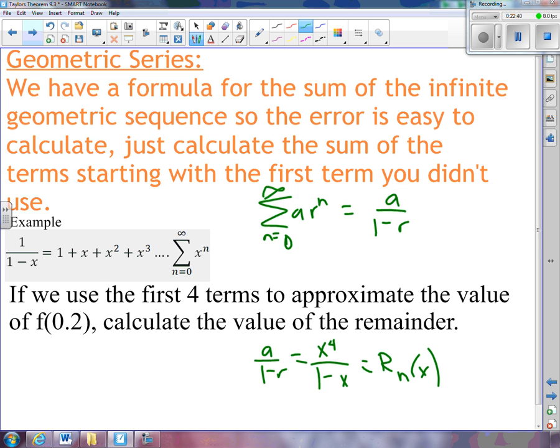It's the sum of infinite terms, which is equal to x to the 4th plus x to the 5th plus x to the 6th and so on. So now plug your x in. I plug 0.2 in, just to find the remainder.